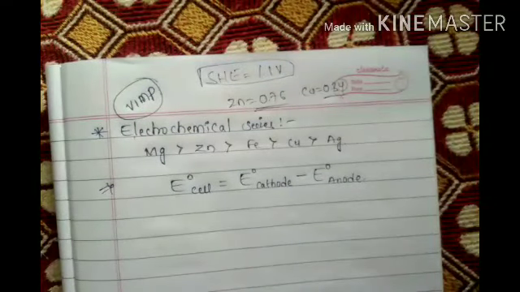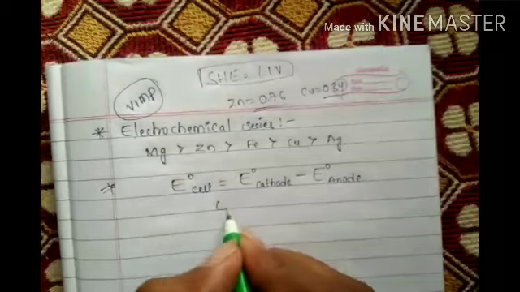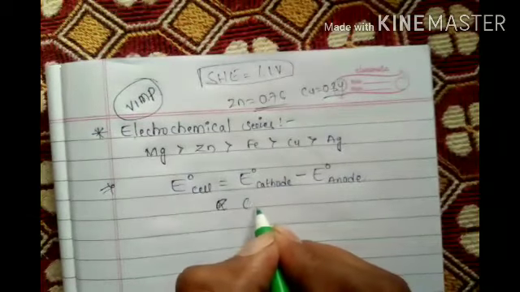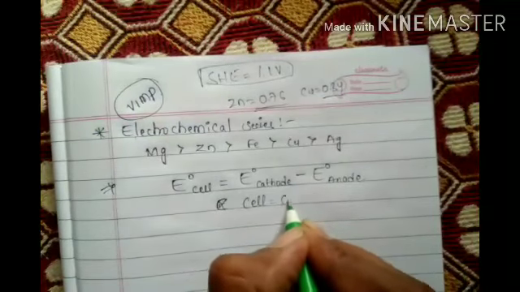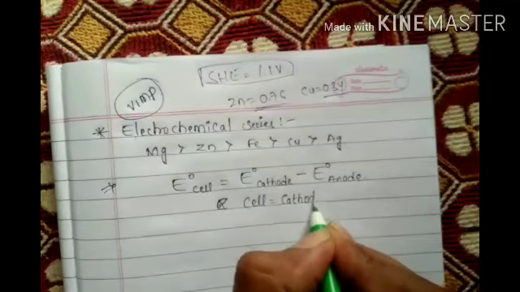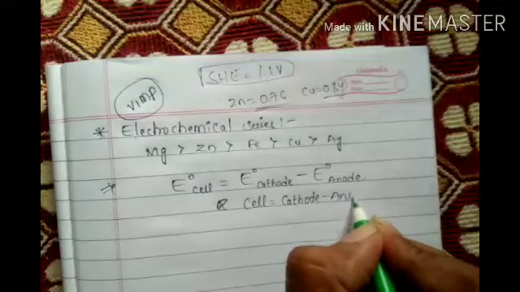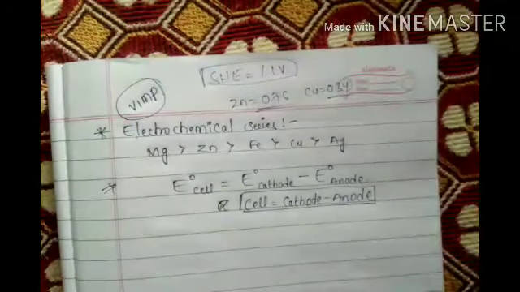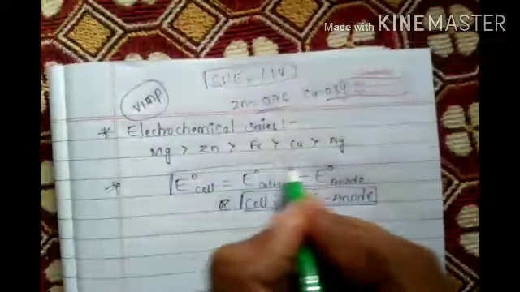E naught cell equals E naught cathode minus E naught anode. Simply, it's better to take it like this: cell equals cathode minus anode. That is the simple form, but this is the actual form.